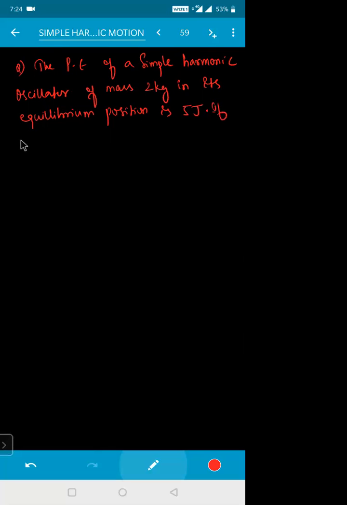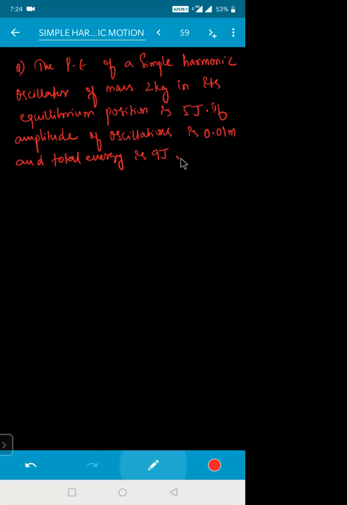If the amplitude of oscillations is 0.01 meter and total energy is 9 joules, find the time period.